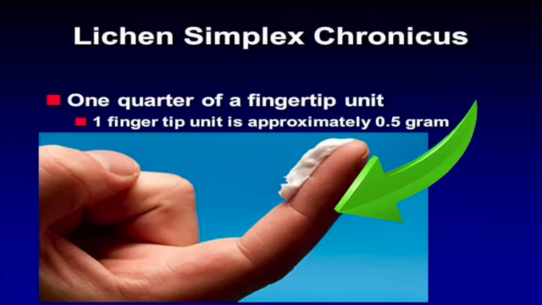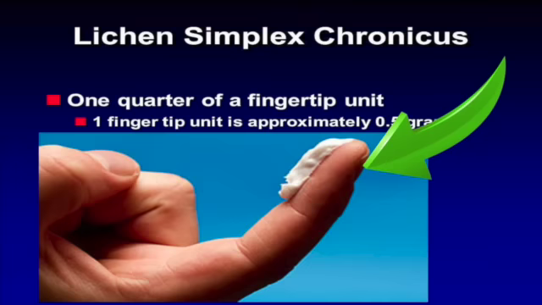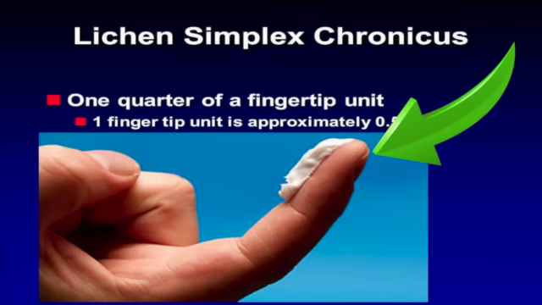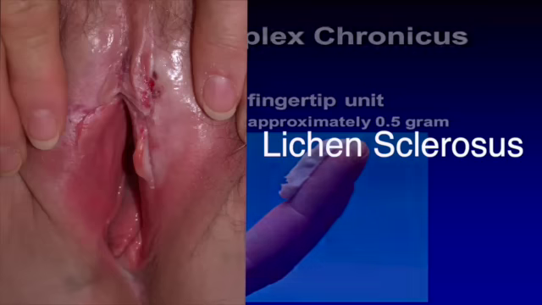One fingertip unit is approximately 0.5 grams. The skin over the labia majora is steroid resistant, so we usually utilize high-potency steroids such as fluocinolone. In fact, it is the potent steroid that is going to stop the itch-scratch cycle by decreasing inflammation.